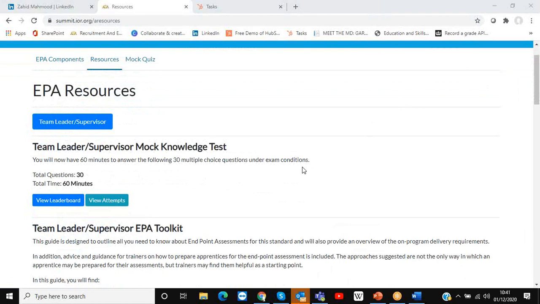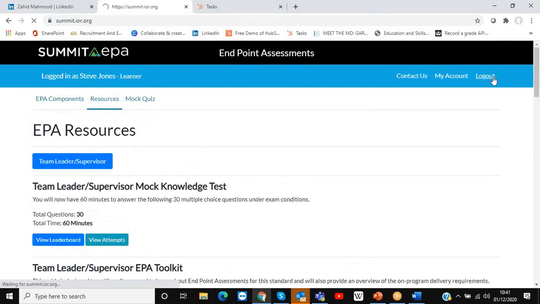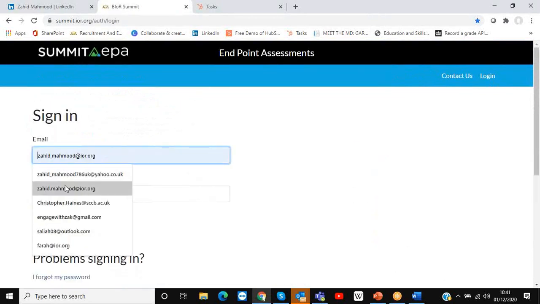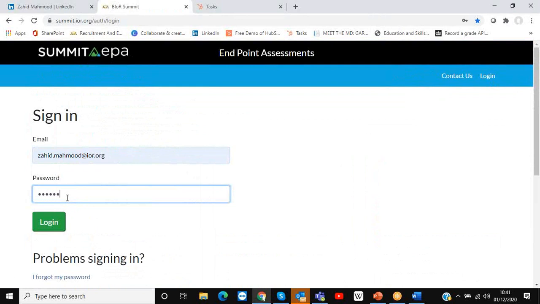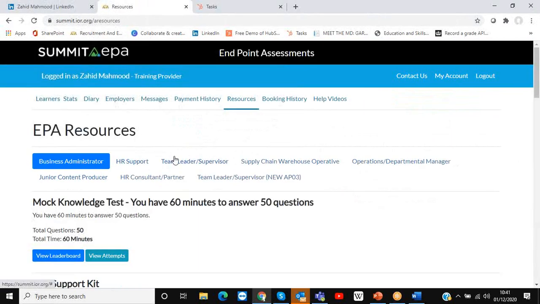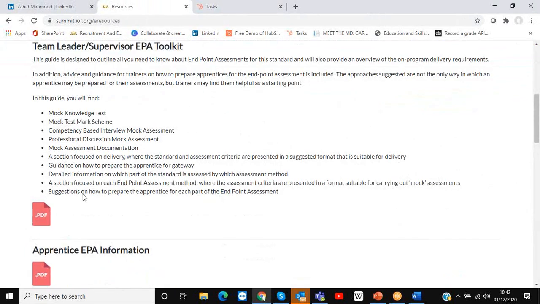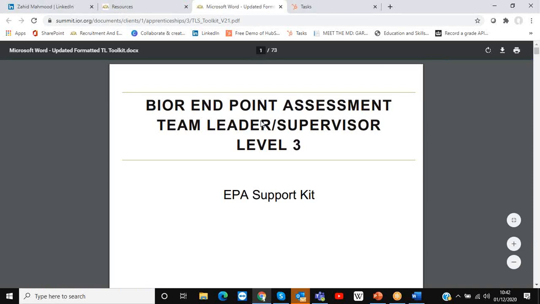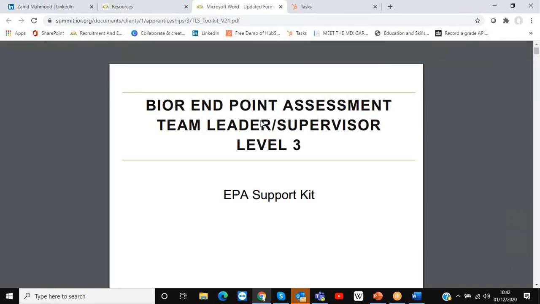It does make a substantial difference to the way in which they approach the EPAs, as well as how they perform in the way that they answer the questions, and the level of preparation that they tend to have. So I always recommend to every training provider that the EPA Toolkit is invaluable to yourselves and, as far as I've seen anyway, is unparalleled in terms of support.